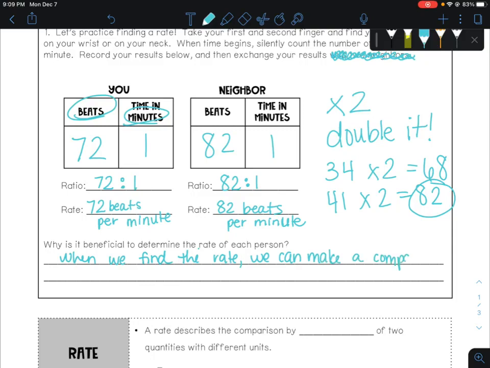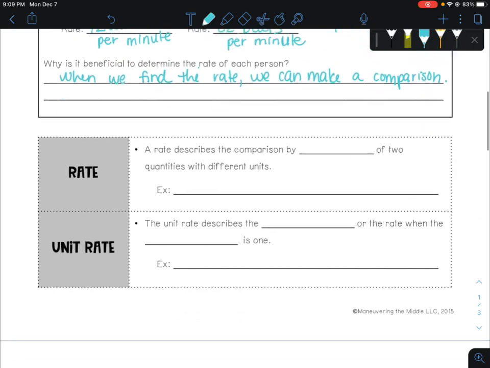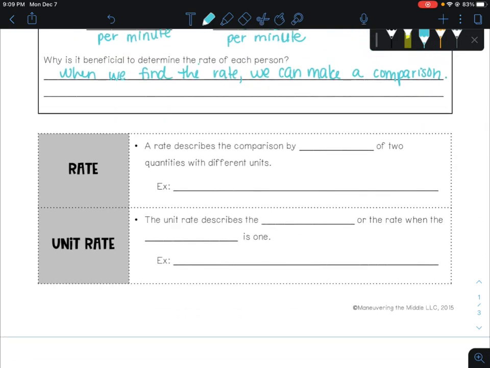And now there's actually a certain type of rate that we're really going to find useful, okay? A rate describes the comparison by division of two quantities, two numbers, with different units, okay? This is just like when we wrote our ratios. If we set a ratio of 1 to 4, we wrote it as a fraction, and that means division.